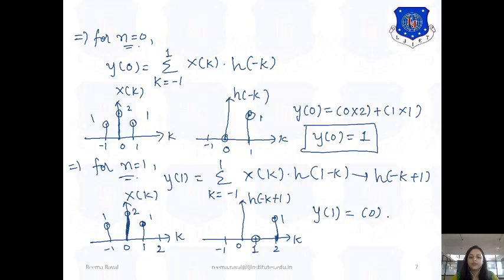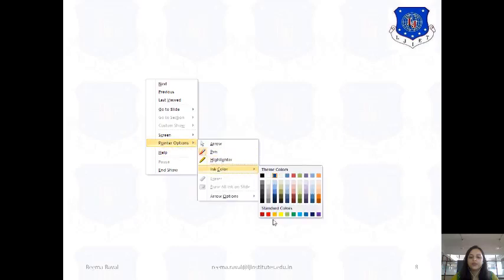Now write the answers for the instances -2, -1, 0 and 1. Okay, so the answer will be y of n, or else you can say output sequence using the graphical method.